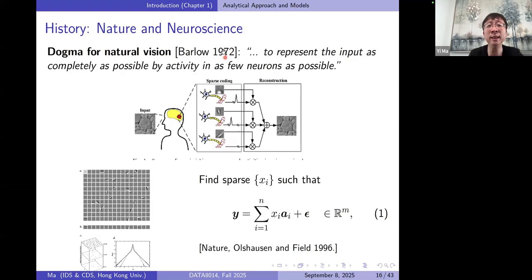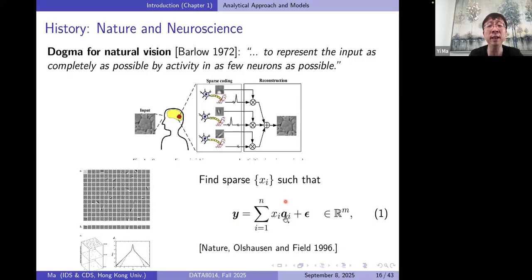It started with Barlow in 1972, and later on people like Olshausen and Field. Olshausen is a professor at Berkeley, and Field and his advisor, I think, are from Cambridge. They were asking how to interpolate an observation as a sparse linear combination with a few firings of neurons, each representing a prototype.